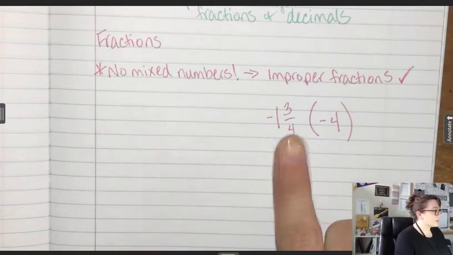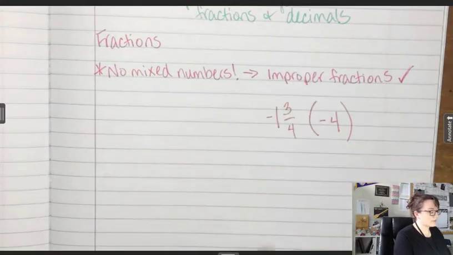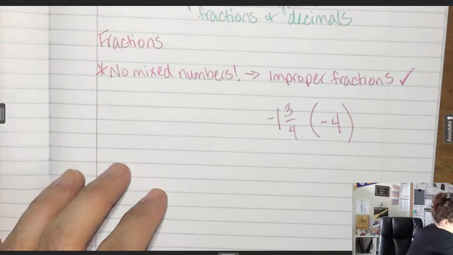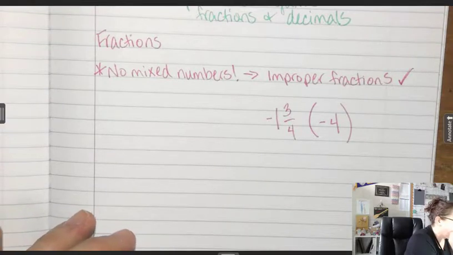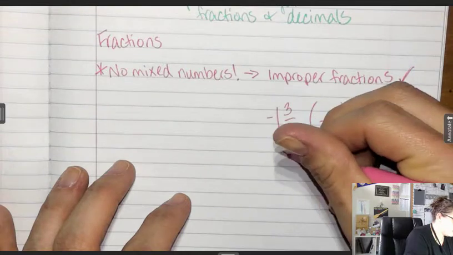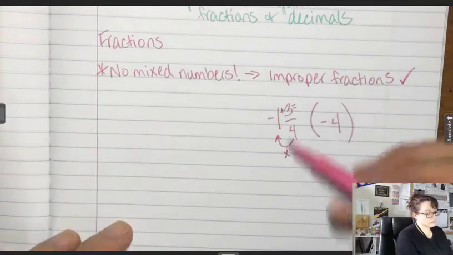Now, I can't have this. How do I change this to an improper fraction? 4 times 1 and then plus 3. What's 4 times 1 plus 3?